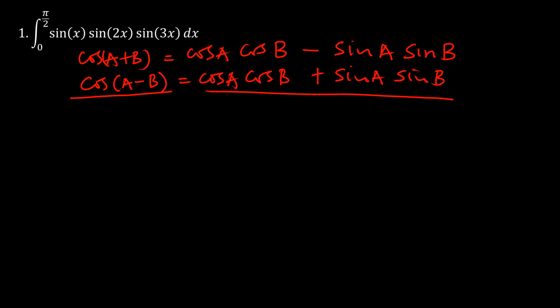So you subtract the upper one from the lower one. So you have 2 sine A sine B. I'm subtracting going upwards. And here we have cosine A minus B minus cosine A plus B.